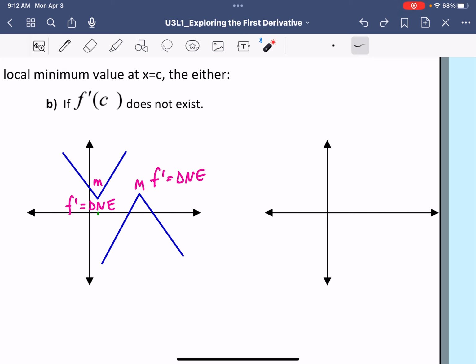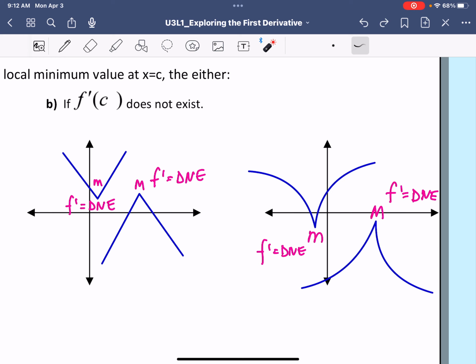However, the derivative is also undefined when the graph of the function presents a cusp. We have seen these graphs before and discussed them. This will present a minimum point, this will present a maximum point. The function is continuous at both min and max, so min and max exist.